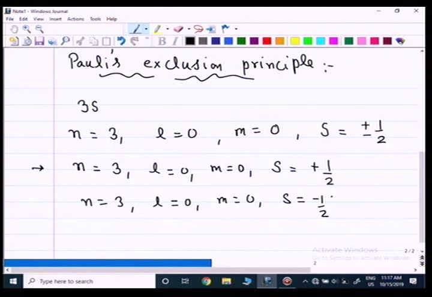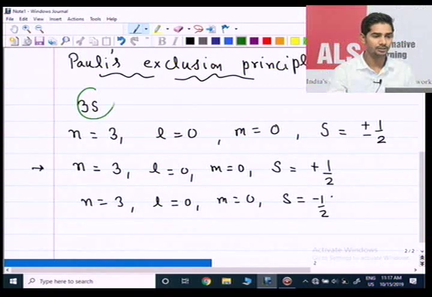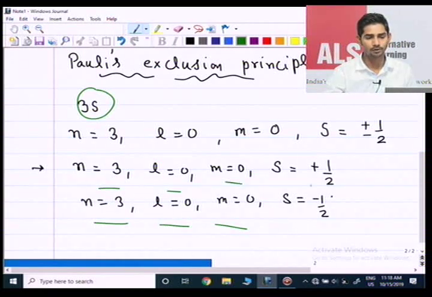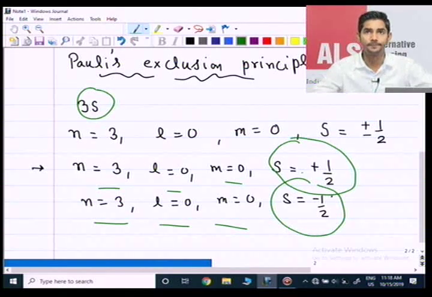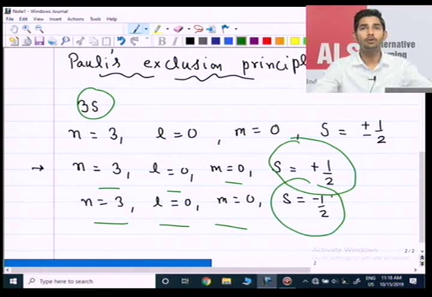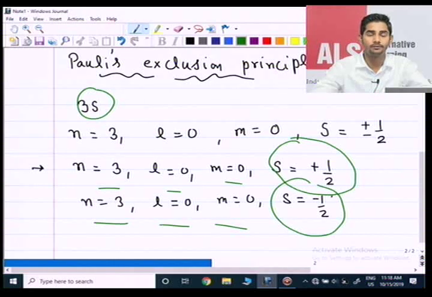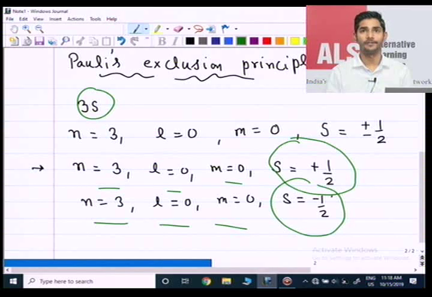So guys, if I talk about the 3s, these 3 quantum numbers are exactly the same, but the spin will definitely be different. So the electrons that we fill in an atomic orbital will definitely have a different spin quantum number whenever we talk about the 2 electrons in an orbital.